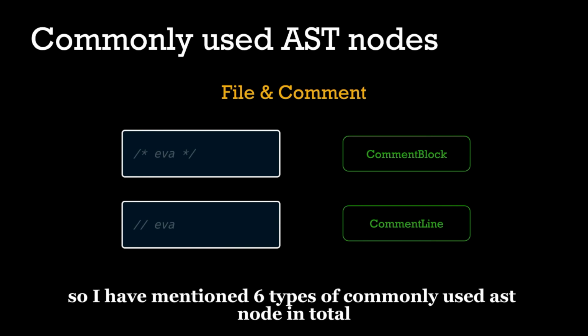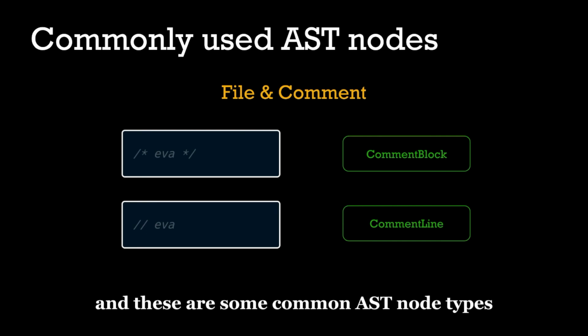So I have mentioned 6 types of commonly used AST nodes in total.